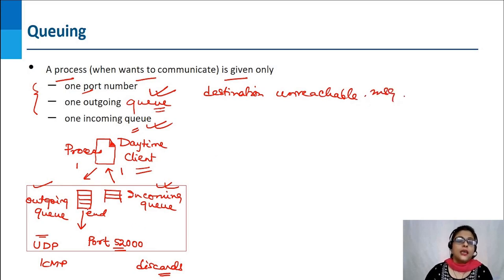Similarly, if the queue is getting overflowed, then also the destination unreachable message will be given by the ICMP protocol and the remaining data will be discarded.